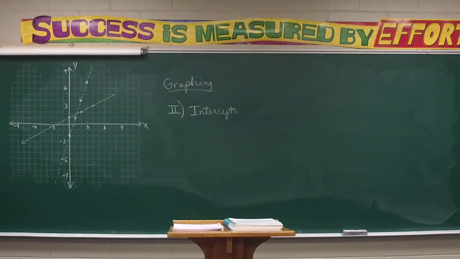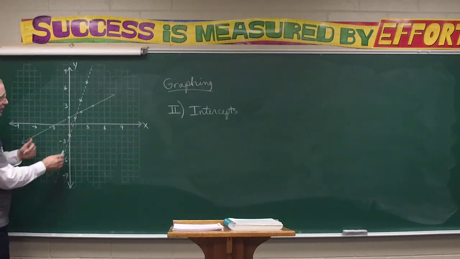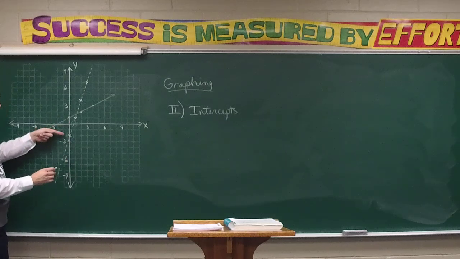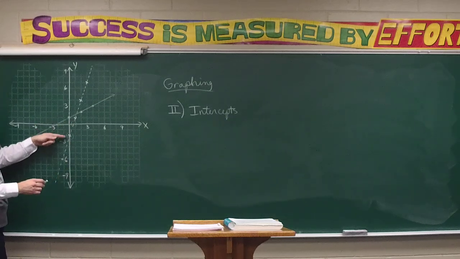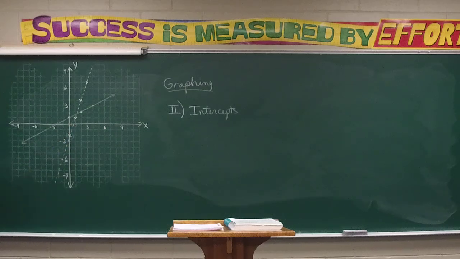For instance, if we look at the last line I just drew, there's an axis crossing here and here. These points are my intercepts. This is called the x-intercept because it crosses the x-axis, and this is the y-intercept because it crosses the y-axis. Here's my y-intercept, and then down here is my x-intercept. Make sense?